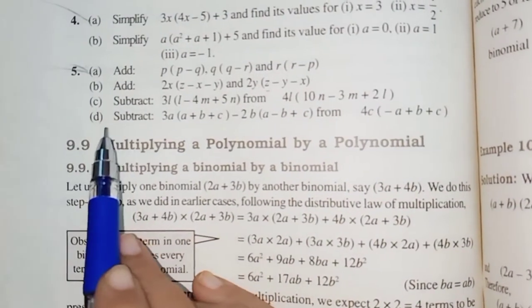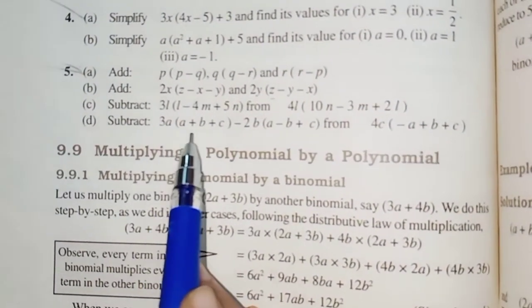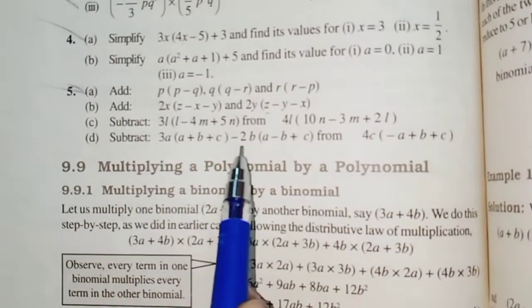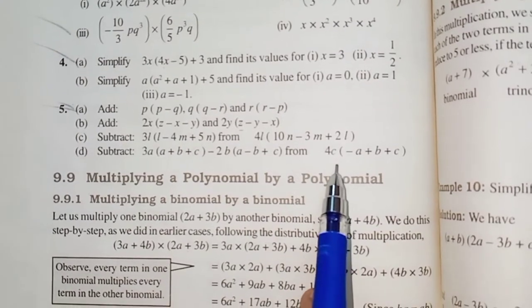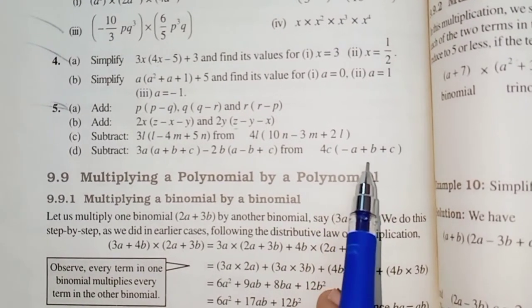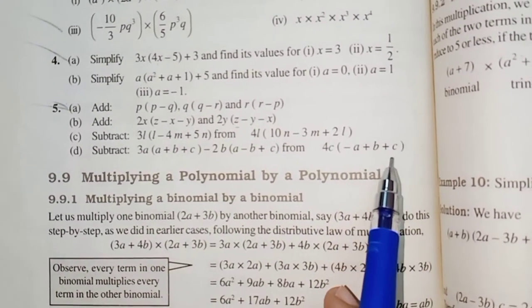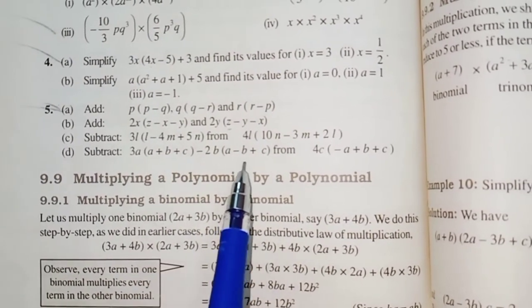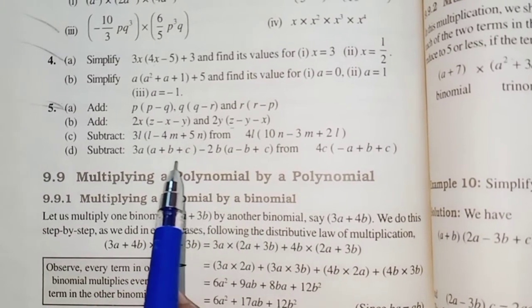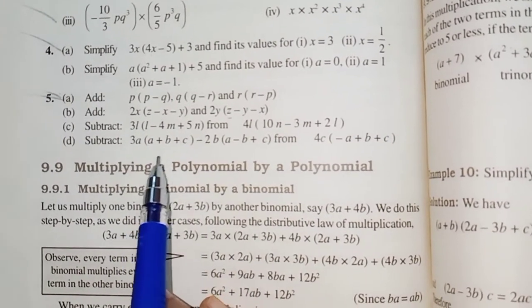5. D bit. Subtract 3a into (a plus b plus c) minus 2b into (a minus b plus c) from 4c into (minus a plus b plus c). So this is the first algebraic expression. In this you have two algebraic expressions.